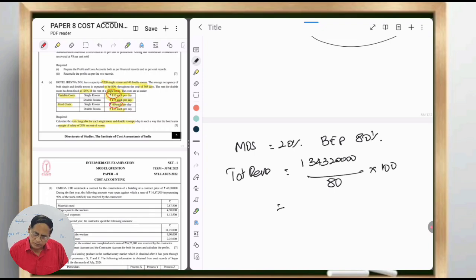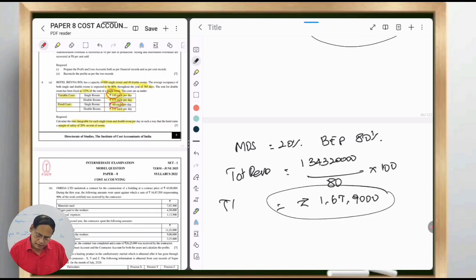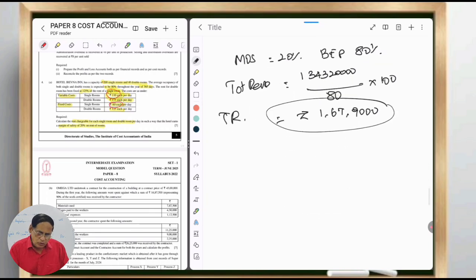That is the revenue. So 1,34,32,000 divided by 80%, that is 1,67,90,000 rupees. This is the total revenue.